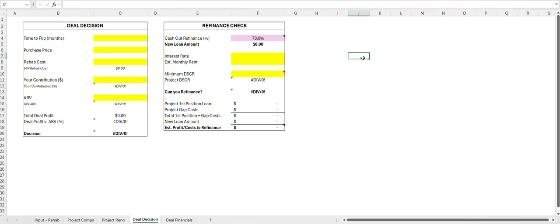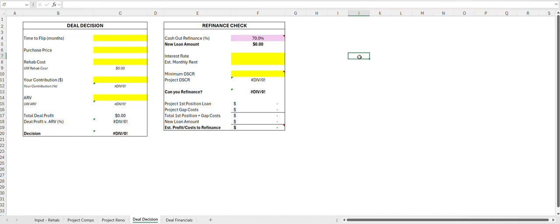So basically the right side is going to tell you if you can refinance the product. And I can tell you that you should make sure that you can refinance the product, just in a worst case scenario. So this will tell you that on the right below.